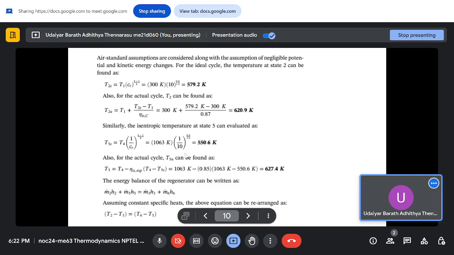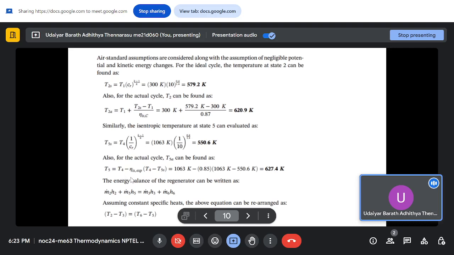Now for the actual, again use the isentropic efficiency of the turbine, which is 0.85, and you can find out the temperature at 5. Isentropic efficiency of the turbine is W actual by W isentropic. So W isentropic will be the maximum work in the case of a turbine, so W actual will be less. This is the other way around for the compressor. Using that, we can find out the state 5 temperature, which comes out to be 627.4 Kelvin.